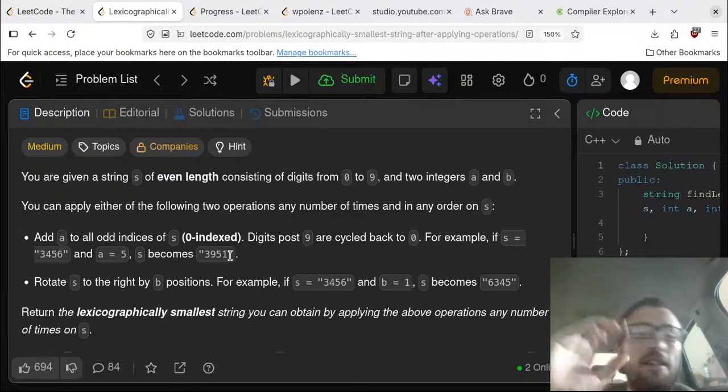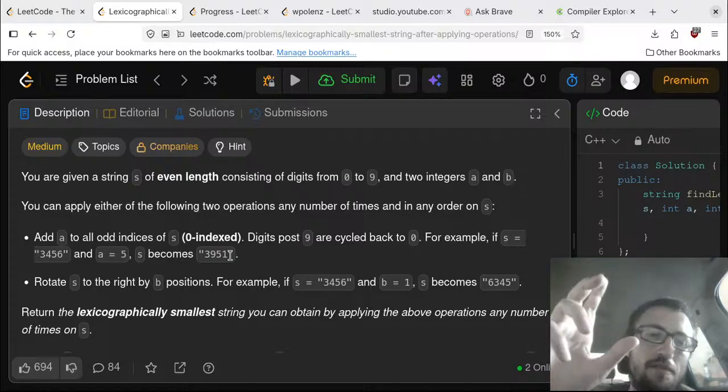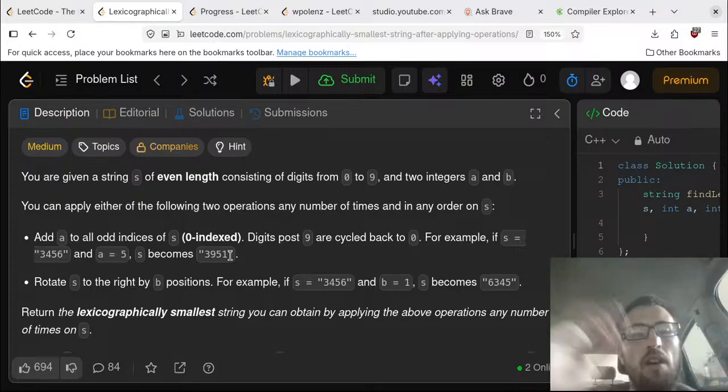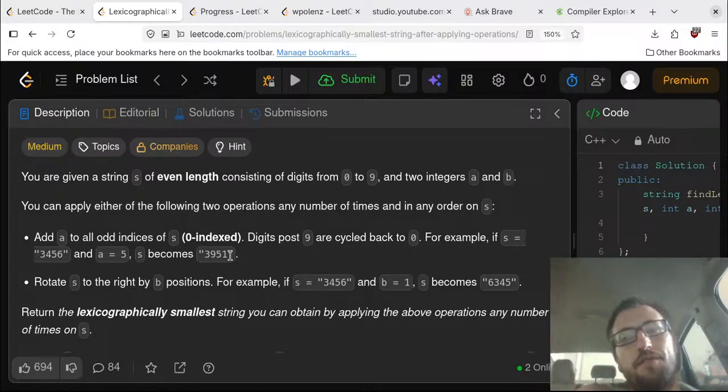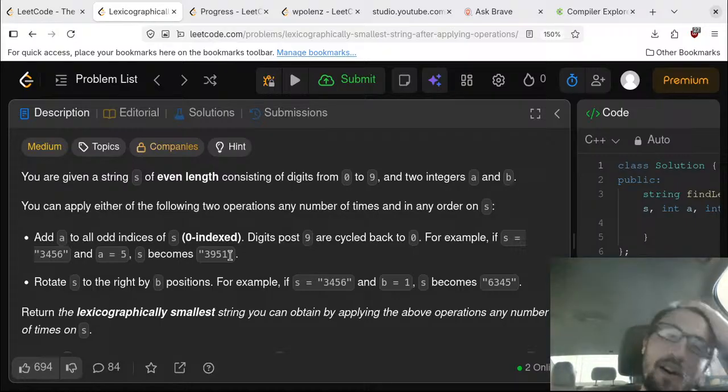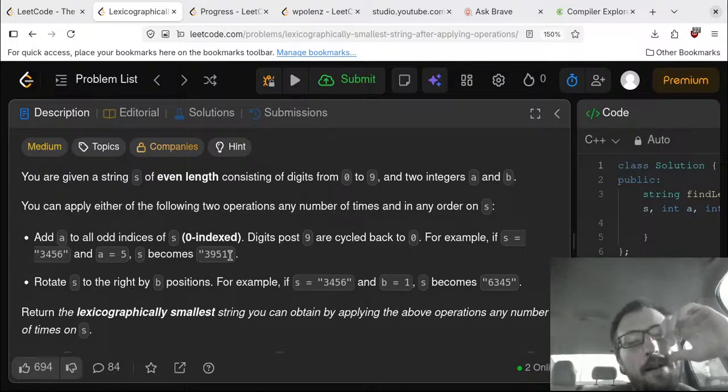So try to get a digit 0 in the first position. And then try to get the next smallest digit in the next position. There might be more than one way to get 0 in the first position, though. Okay.